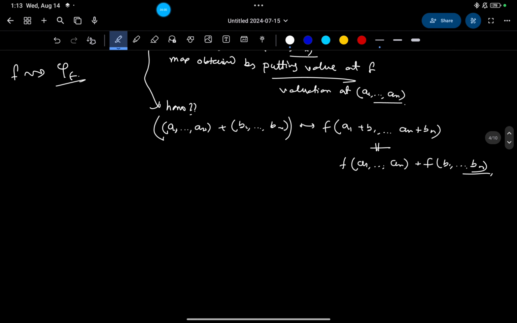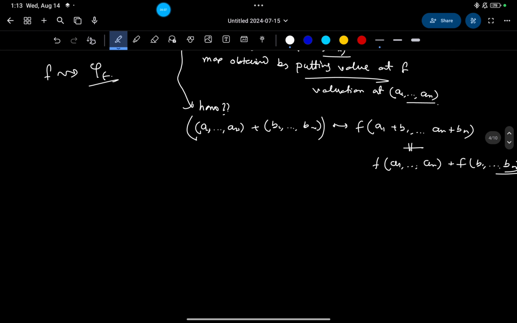Okay, for example, suppose we consider n equals 1 and let us take x squared plus 1.